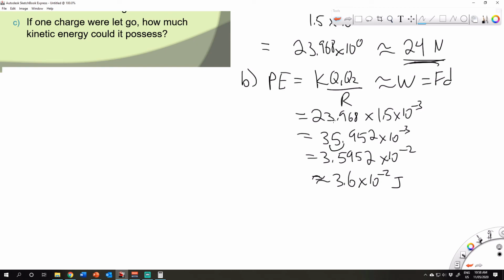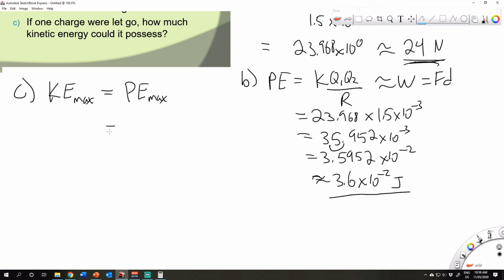There we go. And finally, C asks us, right down here, if one charge were let go, how much kinetic energy could it possess? Well, I know how much potential energy it has. So the maximum amount of kinetic energy, based on conservation of energy, has to be the same as the maximum amount of potential energy.